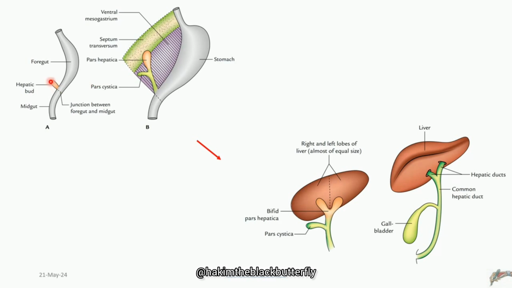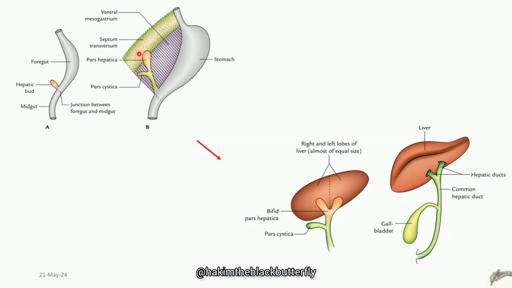The pars hepatica is that portion that will grow towards the septum transversum and later divide into hepatic ducts and lay down the intrahepatic biliary system within the septum transversum. That area of the septum transversum will give rise to the connective tissue of the liver.